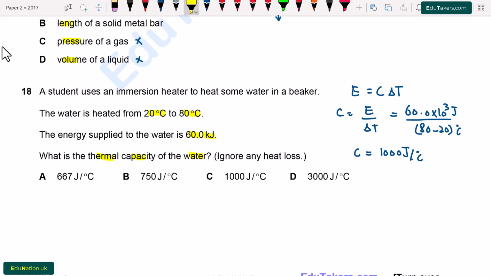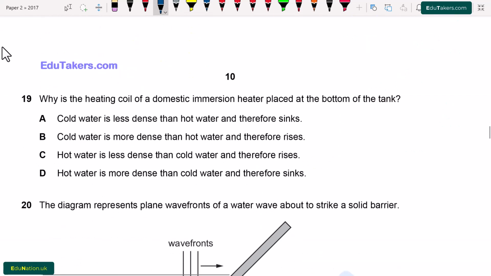Option A, 667 joule per degree C. B, 750 joule per degree C. C, 1000 joule per degree C. D, 3000 joule per degree C. From here, option C is correct.